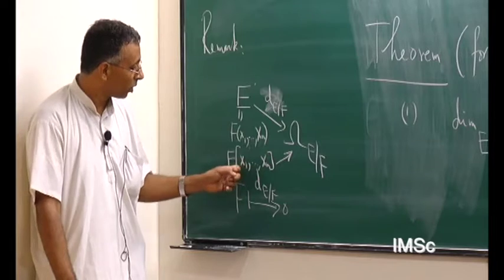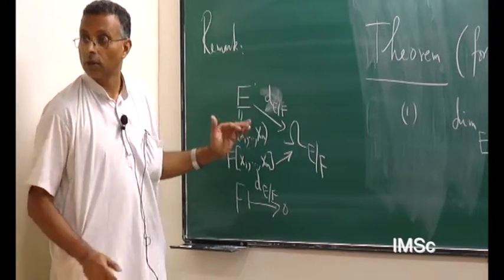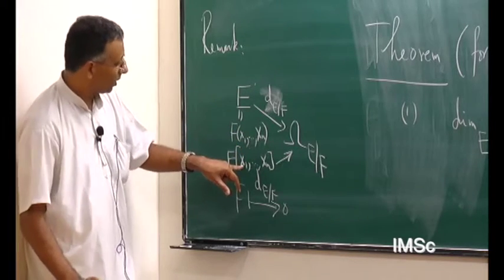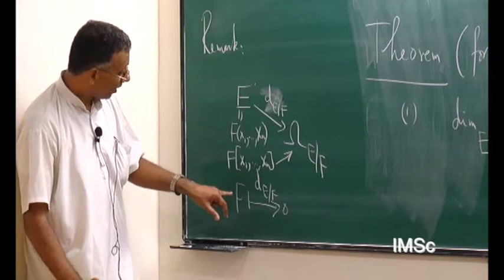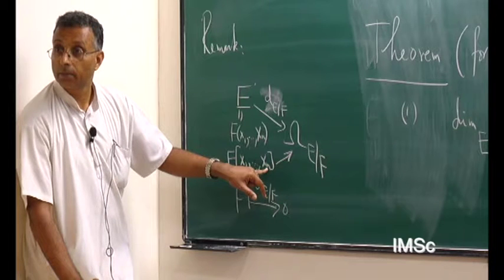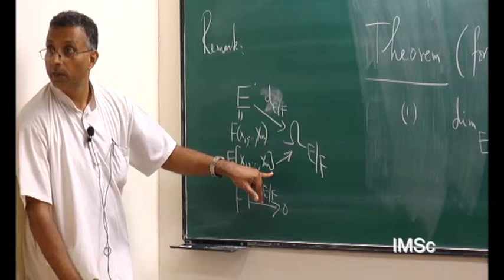For example, if m equals 1 and this is algebraic, it is the same. But once you know the image here, it's determined here, right. And f goes to 0, and once I know the images of dx1 through dxm, I know everything else by the Leibniz rule.